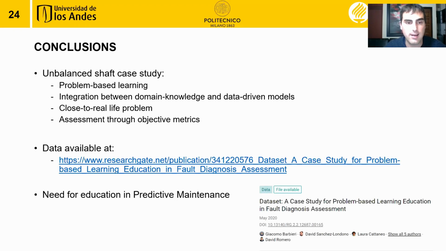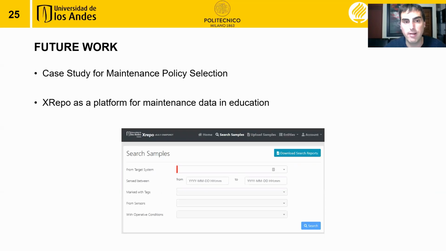The case study is available on ResearchGate, since we still need to improve our information system. And what we want to show with this paper is that there is a need for datasets for education in predictive maintenance. We hope that with this paper we start to boost this research area.